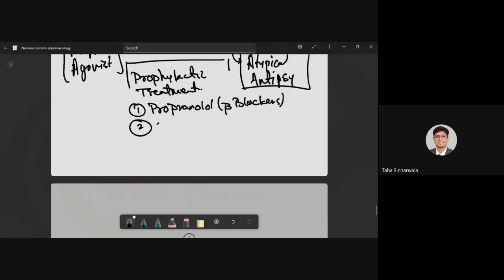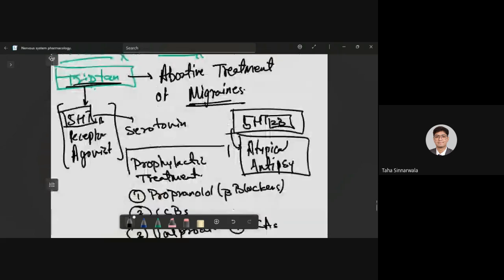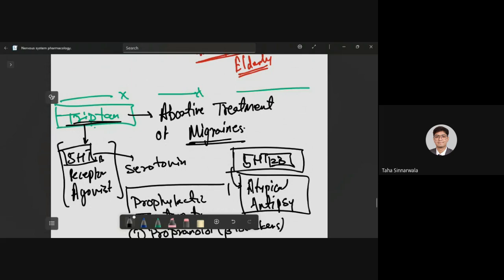Think about calcium channel blockers. Maybe something else. Sodium valproate. Valproate could be one. Maybe TCAs. So multiple different medications which you can use for prophylaxis. There's only a few for abortive treatment, and out of them, the most important one, which we currently use, is triptans.